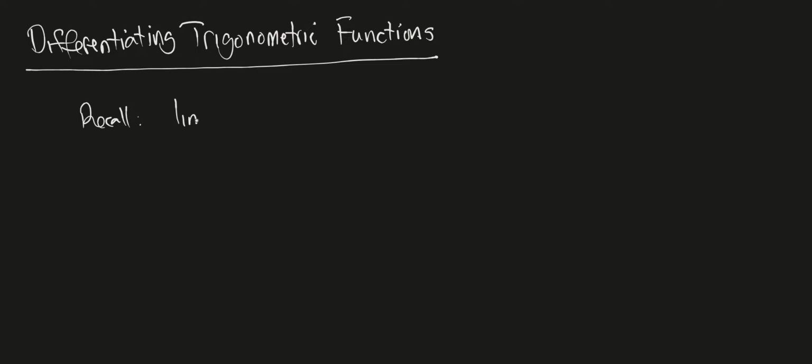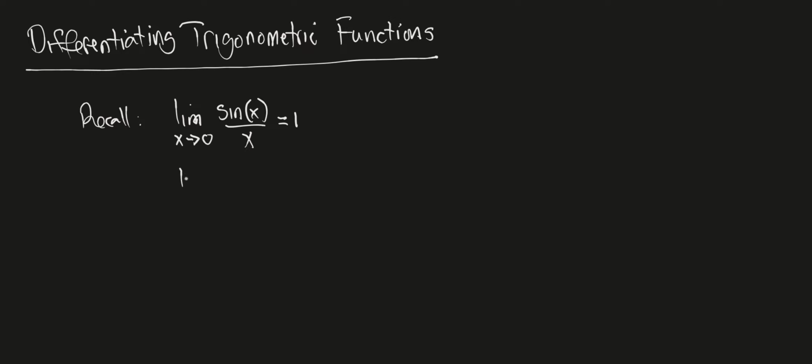But just as a reminder, here are the limits that we previously derived. We established that the limit as x approaches 0 of sine of x over x is equal to 1, right? Now, the use of the letter x here is not significant.